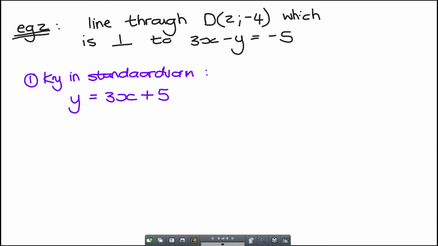Good. Now from here, you can see that my gradient is 3. Nee, so dadelik weet ek, die gradiënt van daai tweede lyn, the one that I've got to calculate, will be what?